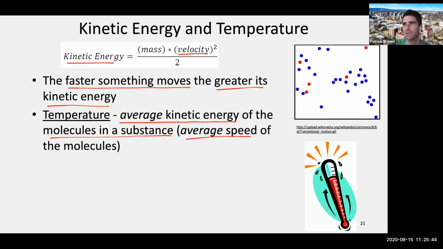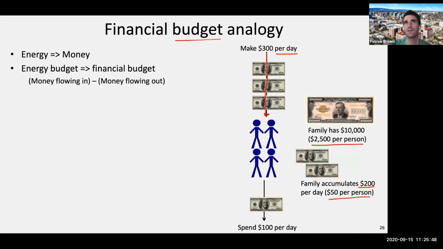molecules. So in the analogy, temperature is this number. It's the per person. It's the average wealth per person, because you average the energy, or you average the money, over the number of people in the family.